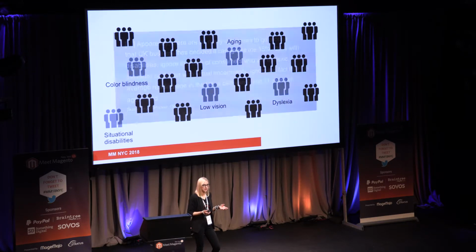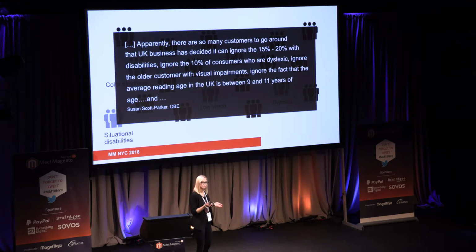Apparently, there are so many customers to go around that UK business has decided it can ignore the 20% with disabilities, ignore the 10% of customers who are dyslexic, ignore older customers with visual impairments, and the fact that the average reading age in the UK is between 9 and 11 years of age. And what else are we ignoring?